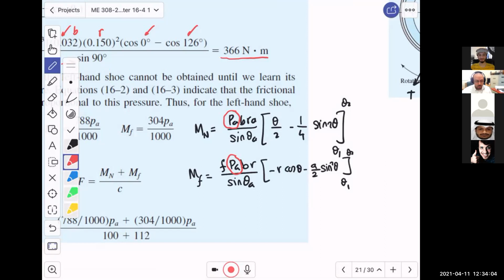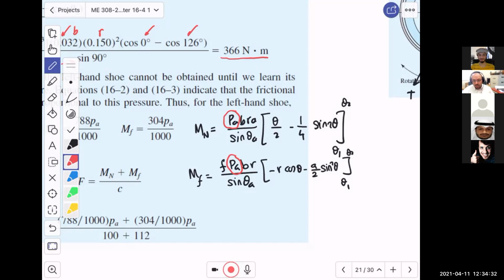Well, I kind of told you this in the introduction, but that's fine. Let me repeat it again. If you go back to the question, it says the actuating force is the same, but the right shoe, because it is self-energizing, we decided to plug in the maximum pressure.